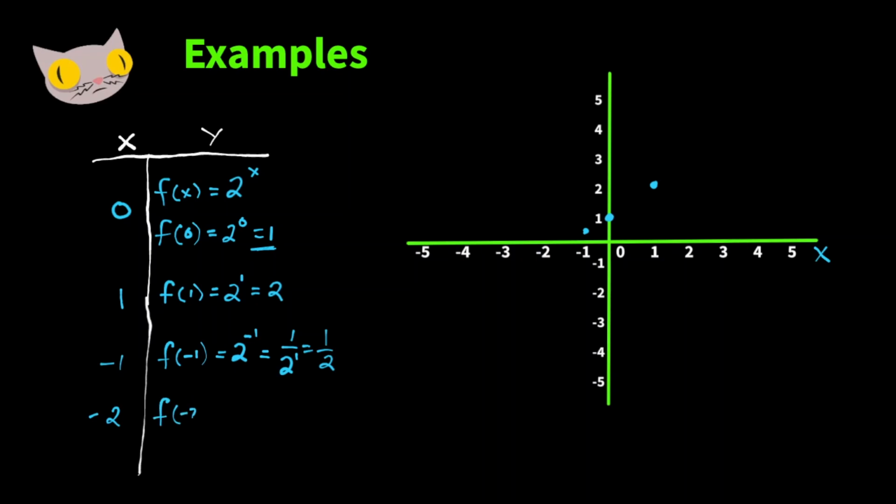F of -2, that's 2 to the negative second power, which is 1 over 2 to the second power, which gives us 1 over 4. So at -2, on the x-axis, on the y-axis, we go up 1/4. So that's like down here. Now we can keep finding more points, but let's just fill in what we got. The graph for this is going to look something like that. That's the graph for 2 to the x power.